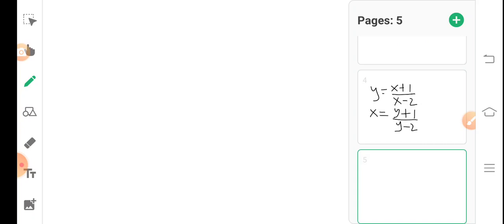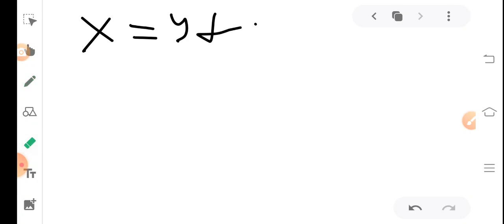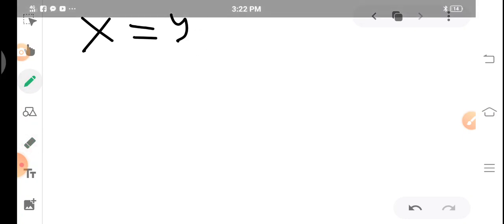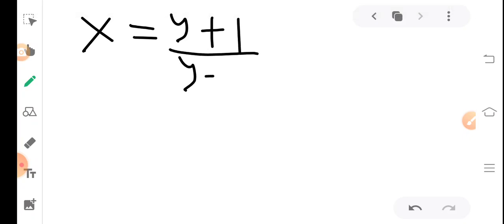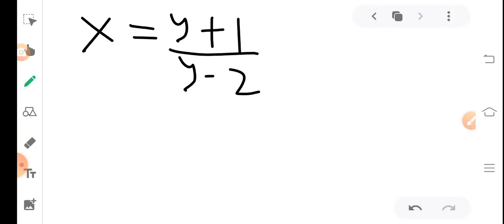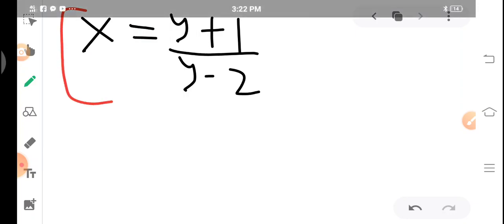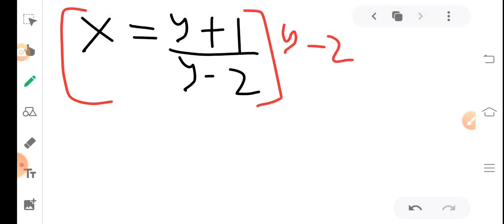So we have x is equal to y plus 1 over y minus 2. To solve for y, we use the multiplicative inverse. Let's multiply both sides by y minus 2.